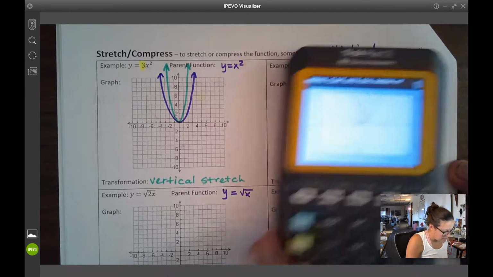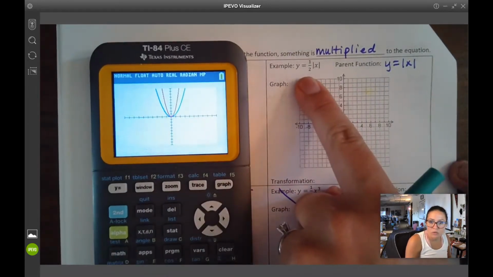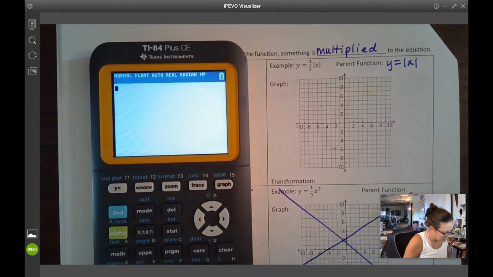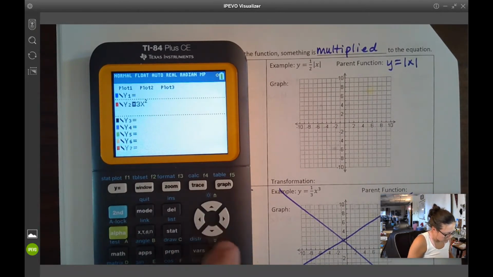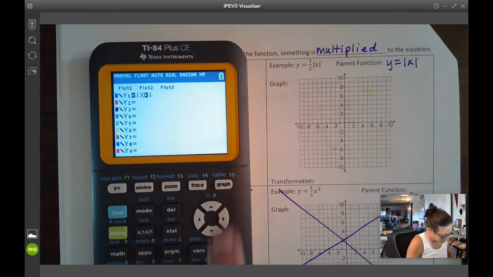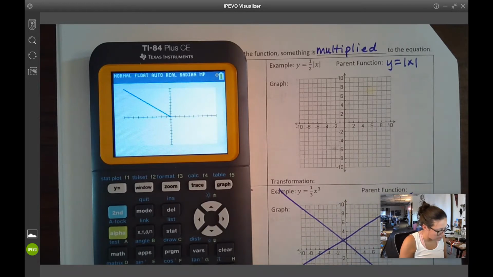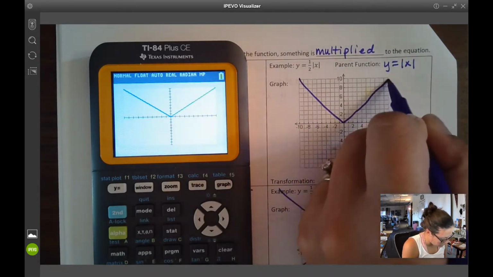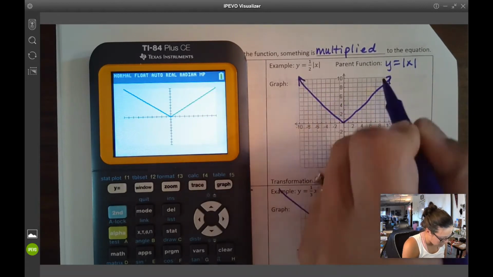Okay, next example. y equals 1/2 times the absolute value of x. Again, we're going to just sketch a graph of the parent function. Okay, so there's my basic parent function, just regular old absolute value.